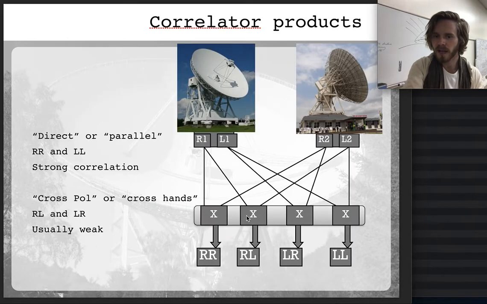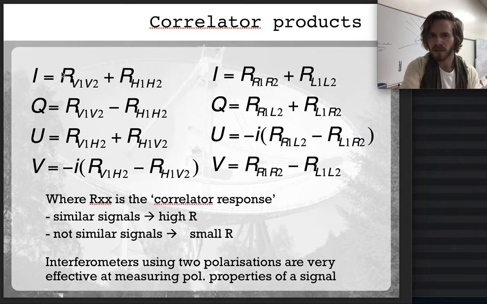But these correlator outputs, so this is your correlator here, can be used pretty much directly to estimate the Stokes parameters. So yeah, interferometers are actually really effective at measuring the polarization properties of a signal.